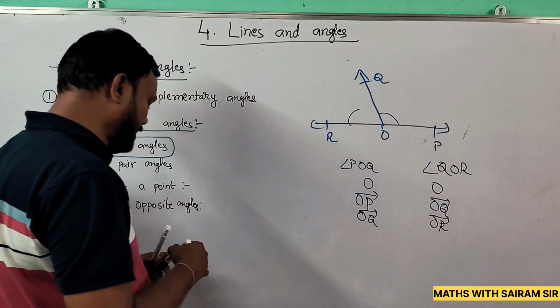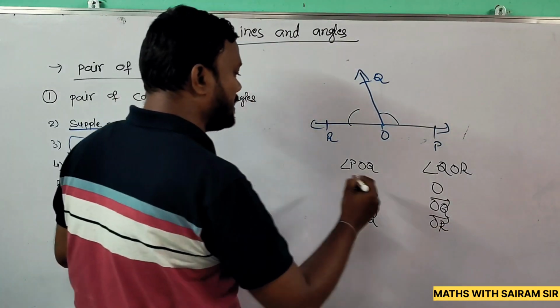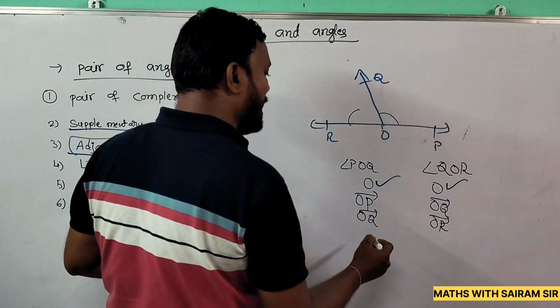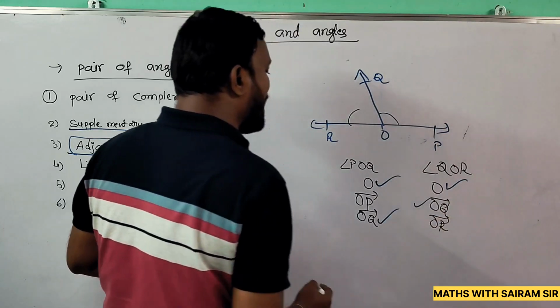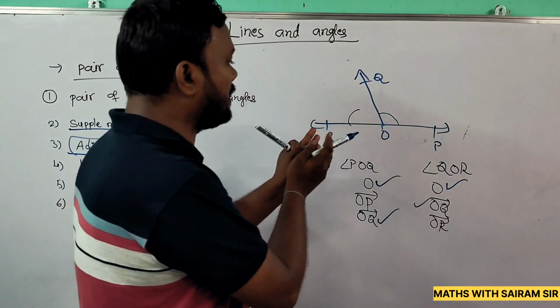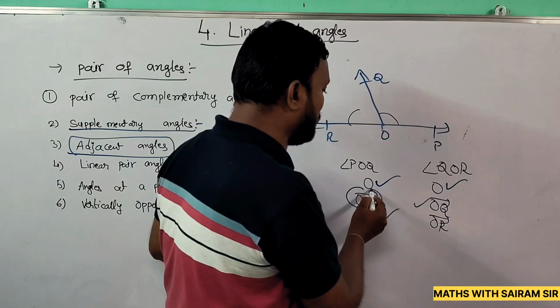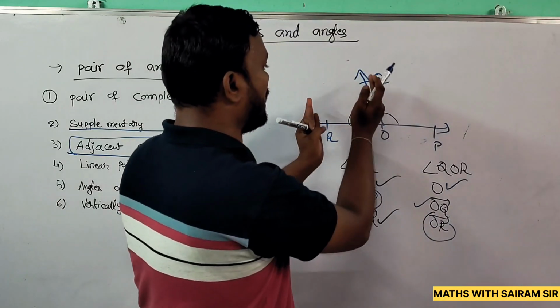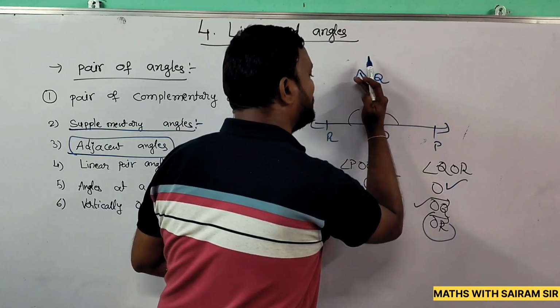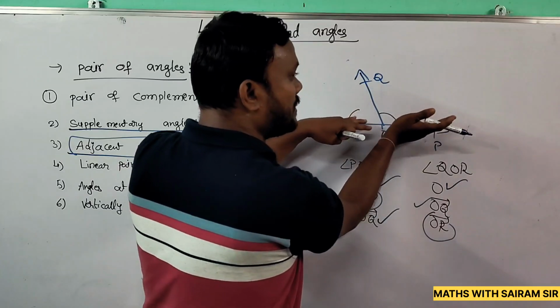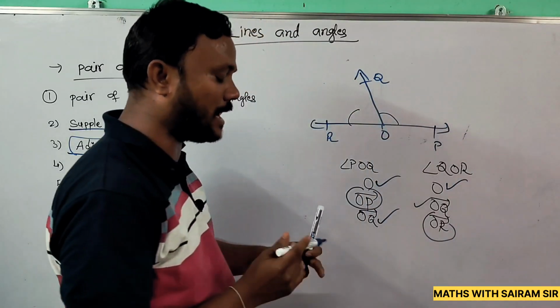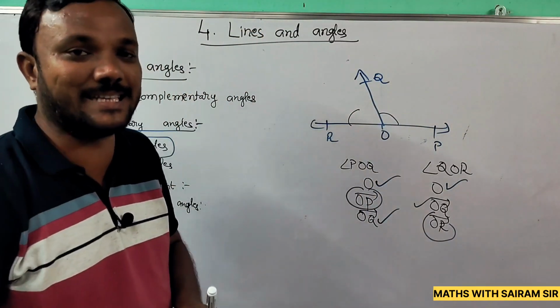The vertex is common, and the common arm is OQ. The non-common arms are OP and OR, on either side of the common arm. So these two are known as adjacent angles.